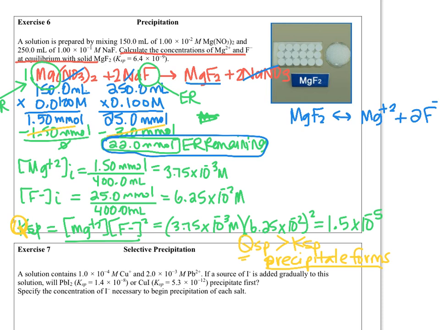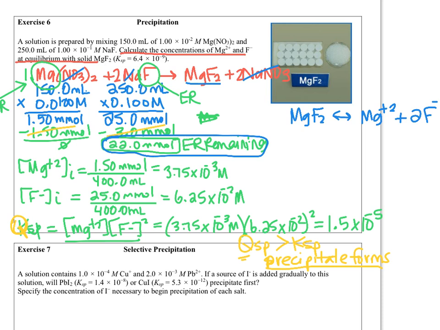So we now have a common ion problem, because it's not just that I have a common ion that's going to cause a shift to cause a precipitate. I now have a common ion that's going to affect the ability of any of the magnesium fluoride to dissolve anymore. So that's going to slow that down.